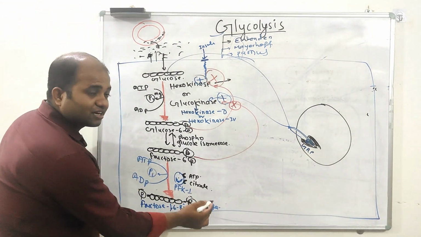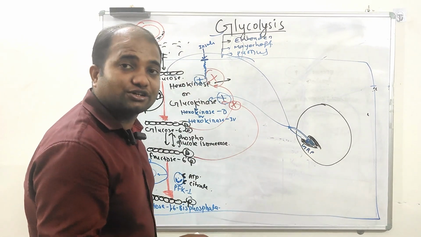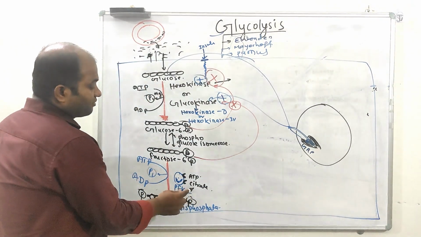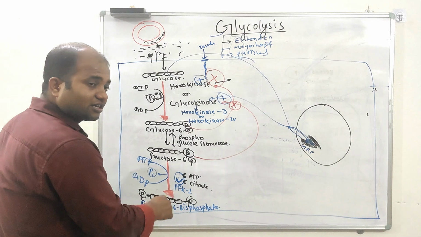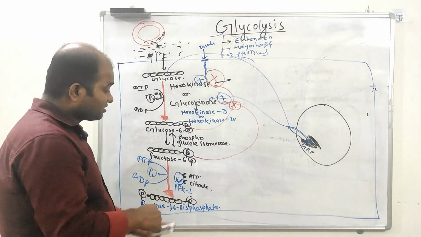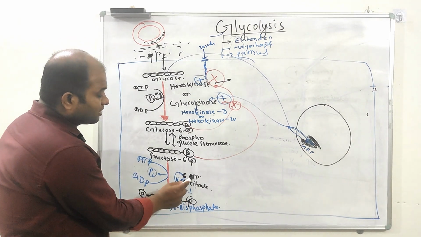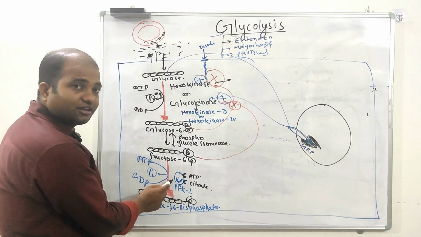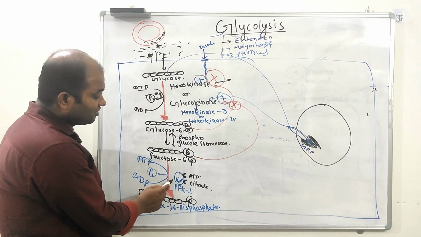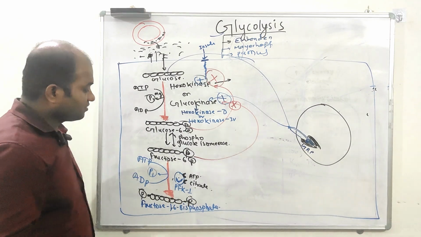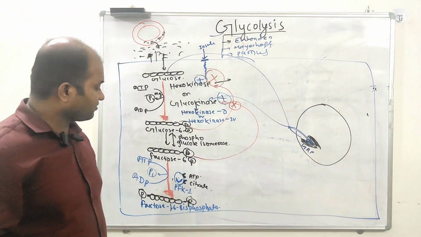If citrate level is less, that means the TCA cycle is running less and ATP is still required, right? So if the level of citrate and the level of ATP is increased, it inhibits phosphofructokinase 1.